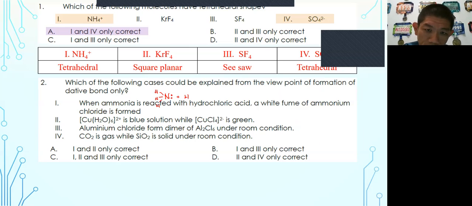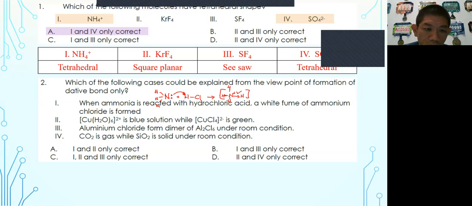Here, ammonia donates a lone pair of electrons to the hydrogen to form ammonium, the white film of ammonium chloride. So in ammonium chloride, you have NH4+ with a dative bond to the H. So you can see that there is a dative bond here.